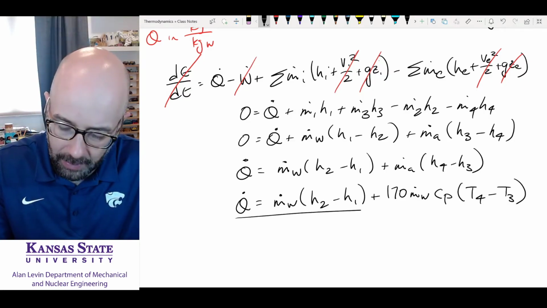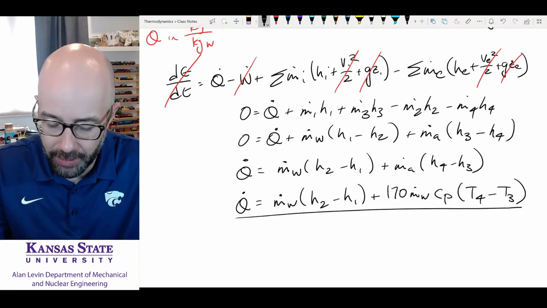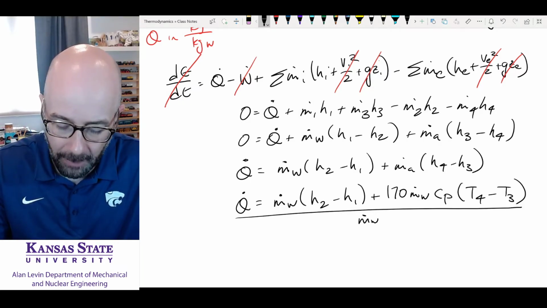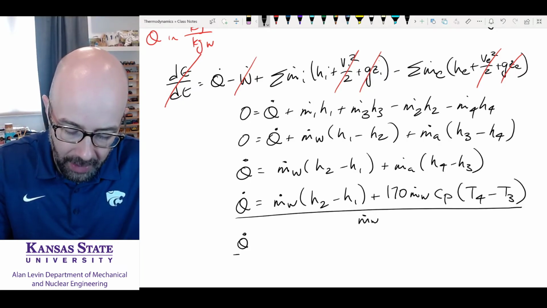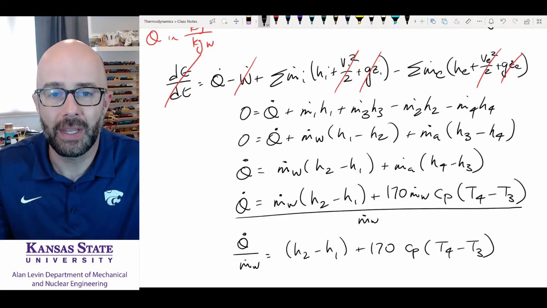So I can divide by mass flow rate of water, and now I get q dot over the mass flow rate of water is going to be equal to h2 minus h1 plus 170 times c sub p times T4 minus T3. Okay, so this is going to give us what we wanted.